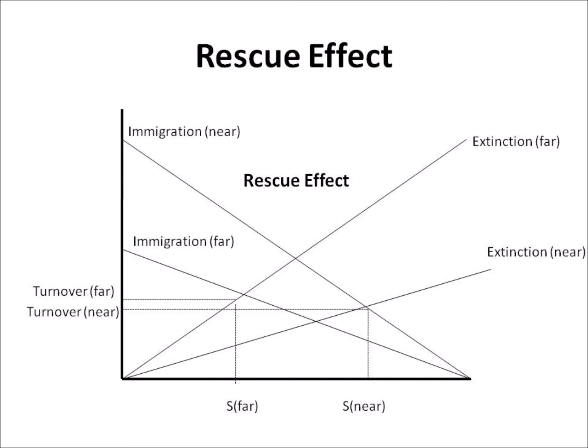So there's a much greater difference in equilibrium number of species between a far and near island of the same size under the rescue effect revision than under the original theory. And this is because island isolation now influences both sides of the equation. It influences both immigration and extinction.